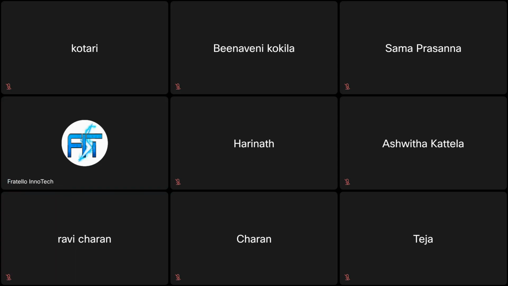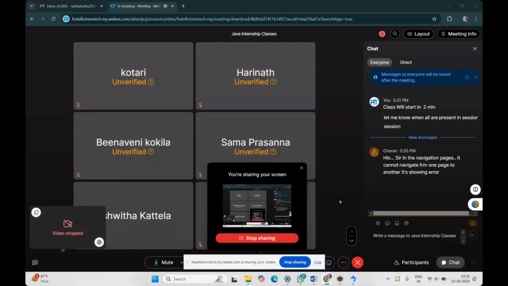Okay, then let's move into the class. I'm sharing my screen. Is my screen visible to you? Just raise your thumb if my screen is visible and I'm audible to everybody.